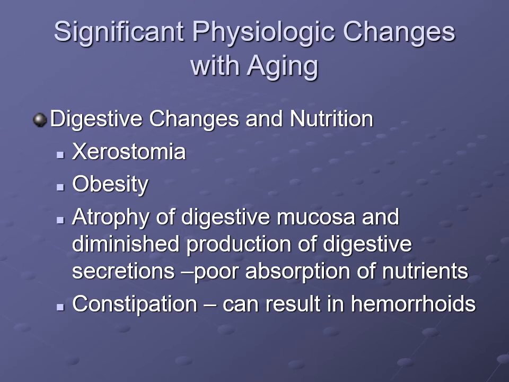Absorption is reduced, so not only nutrients but vitamins and minerals absorb less readily as well. And constipation is common from decreased activity, low fiber, and fluid intake, and excessive use of laxatives, and can result in hemorrhoids.